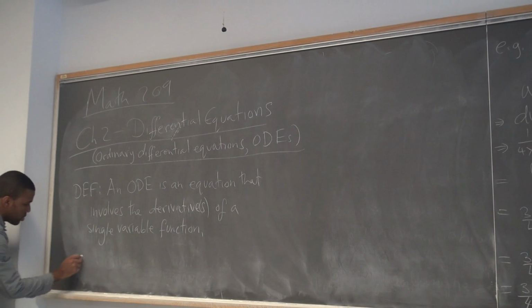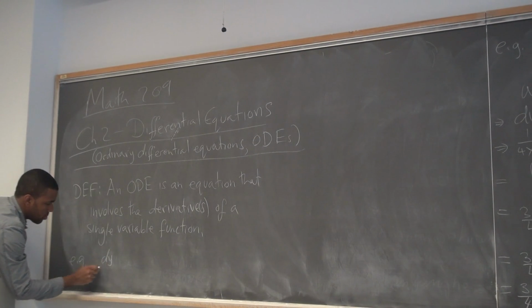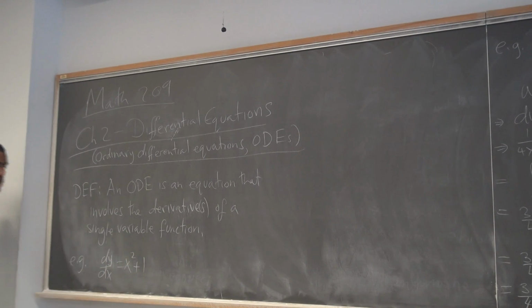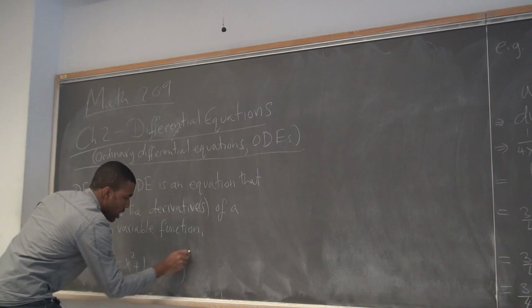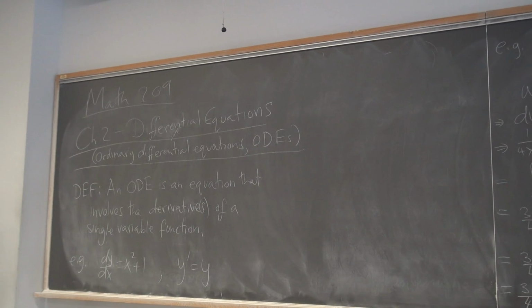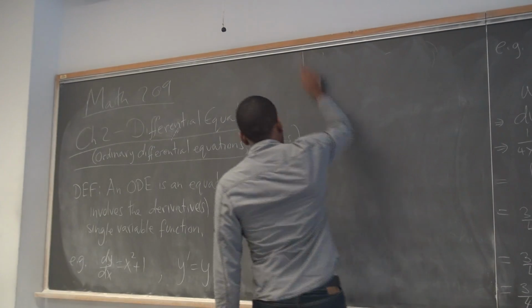So for example, if I give you that equation, that's a differential equation because there's a derivative of a function in it. Or I can say y prime equals y, that's also a differential equation because it has a derivative in the equation itself. So that's what they are.